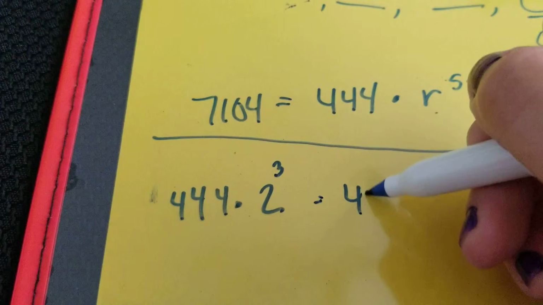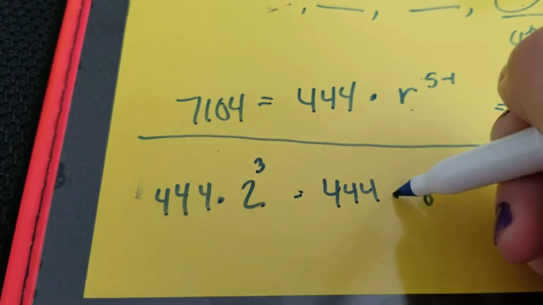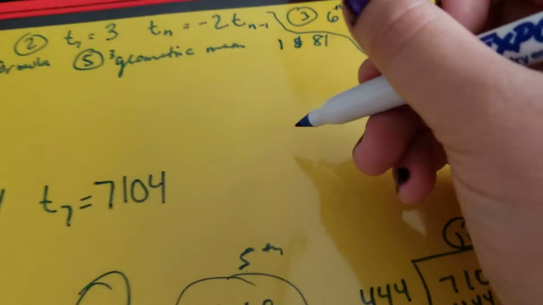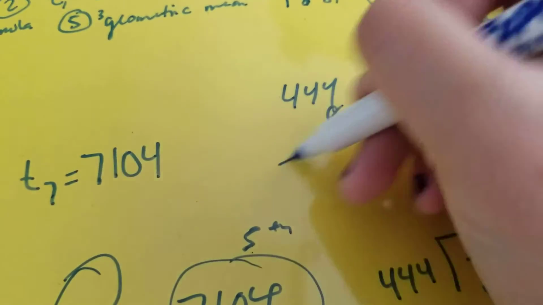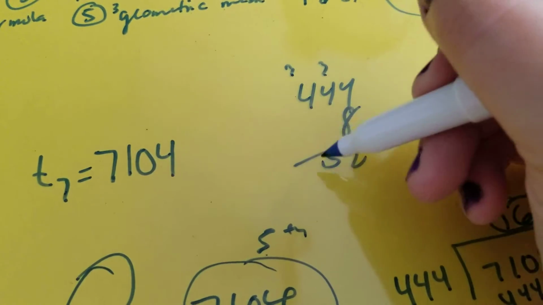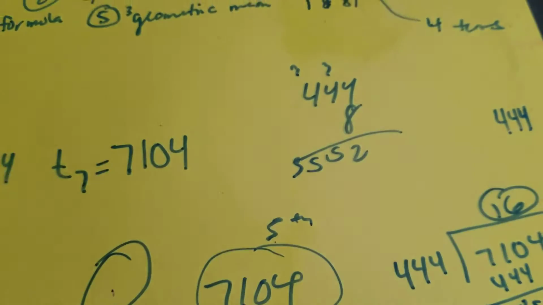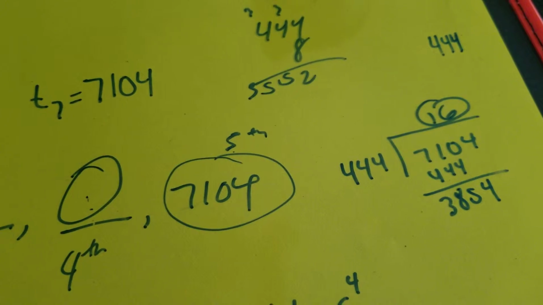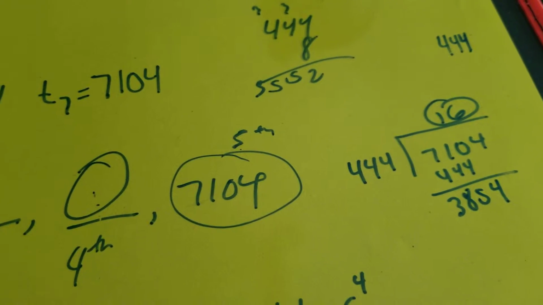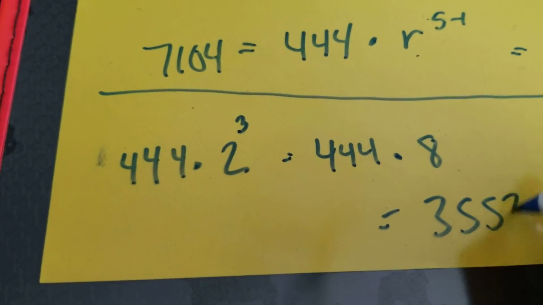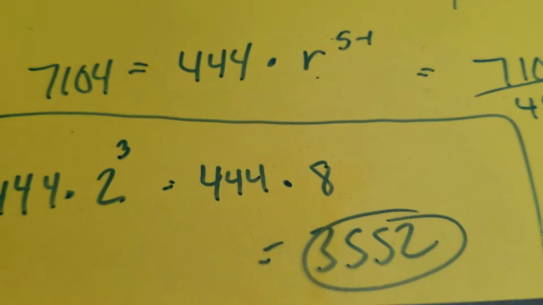So I have 444 times 8. Okay, and that's going to be 3,552. And that's my answer.